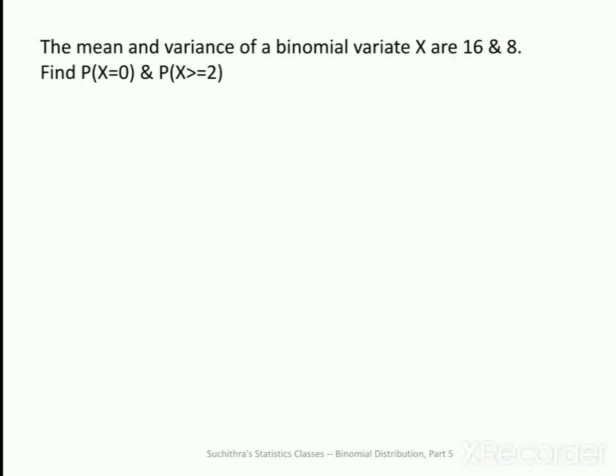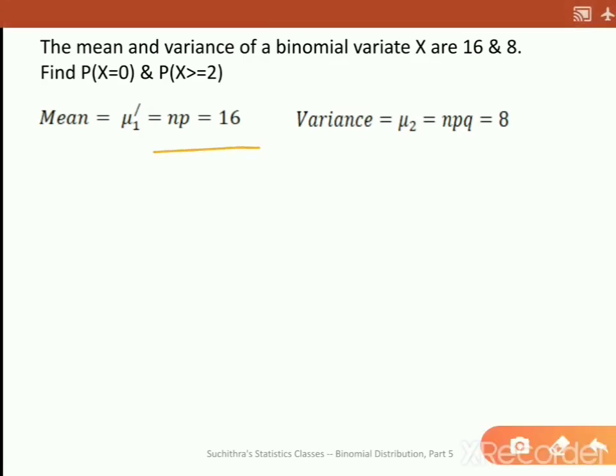The next problem: the mean and variance of binomial variate x are 16 and 8. Find P of x equal to 0 and P of x greater than or equal to 2. Mean is 16, variance is 8. Therefore, np is 16 and npq equal to 8.